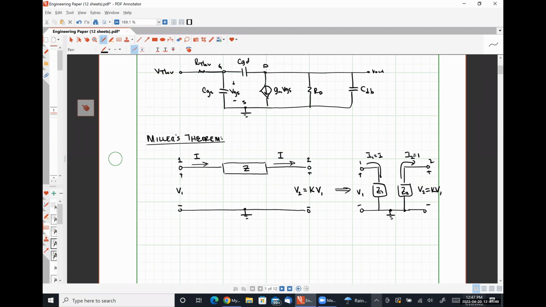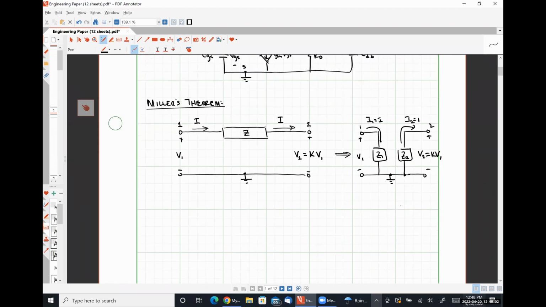So we have to choose a Z1 that draws that same amount of current away so that there's no distinction in what node 1 sees, okay? So our current I1 is V1 over Z1, just using good old Ohm's law.